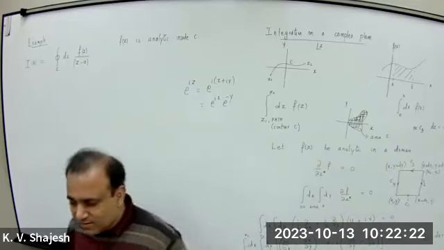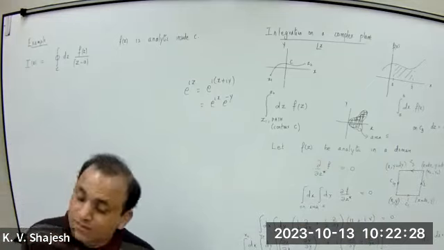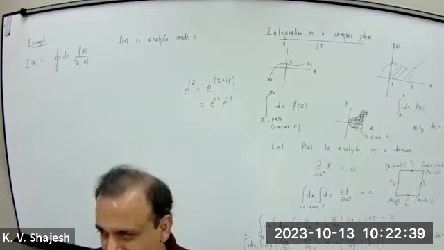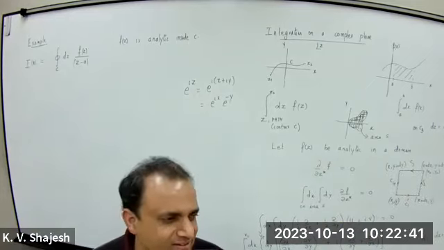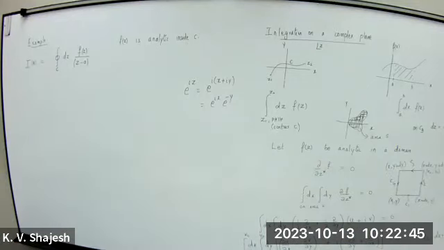The statement, which is probably not easy to prove here, is that there is no function which is analytic everywhere on the complex plane except a constant function, which is trivial. A constant means just constant everywhere. That's trivial, right? If you take away that, then there is no analytic function which is analytic everywhere.